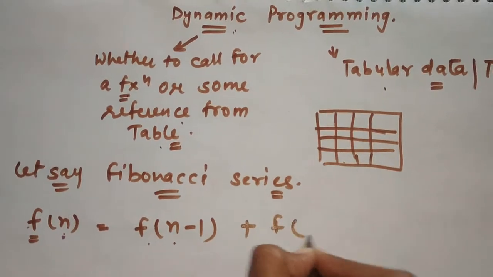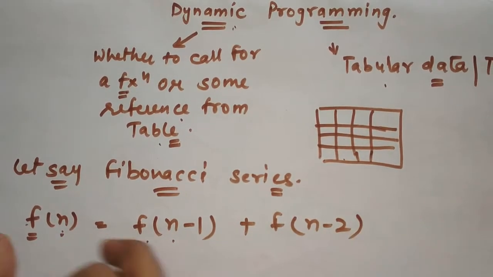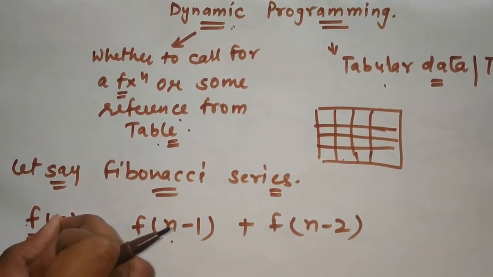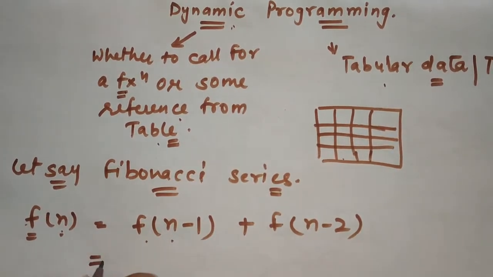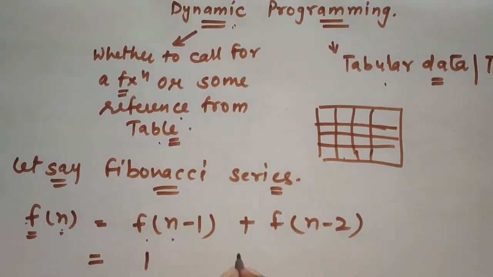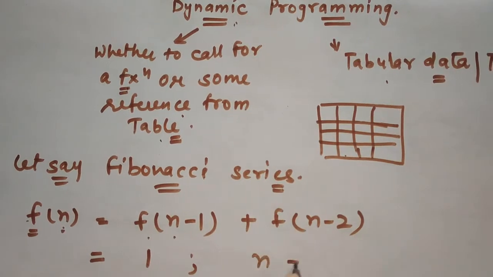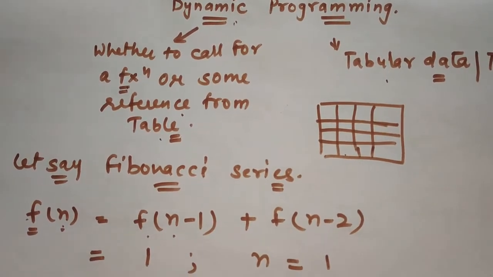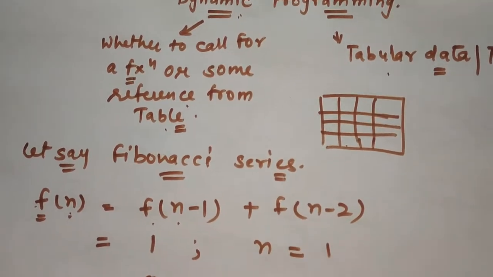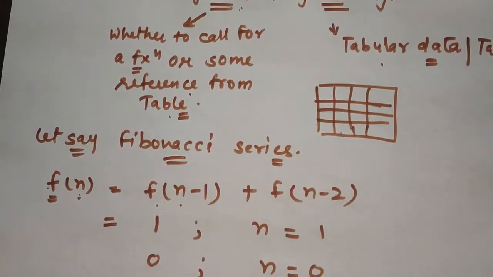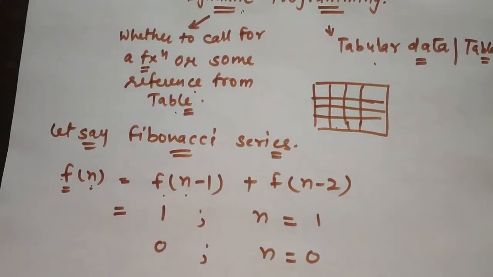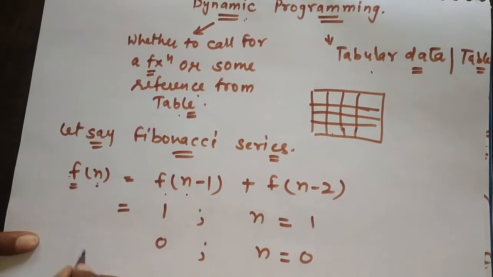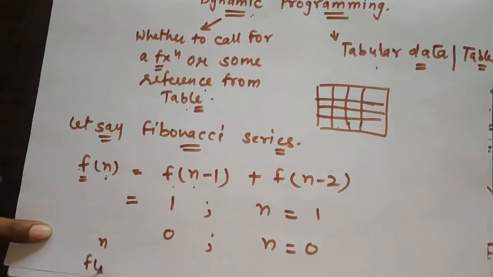So how do we calculate it? f of n equals f of n minus 1 plus f of n minus 2. And what are the base conditions? f of n is 1 if n equals 1, and 0 if n equals 0. So this will be the Fibonacci series.